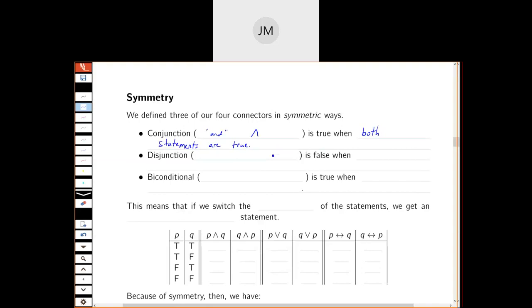Okay. A disjunction, which is the or statement, is false when both statements are false. The biconditional, which is if and only if, symbolized with the double arrow, is true when the statements have the same truth value.